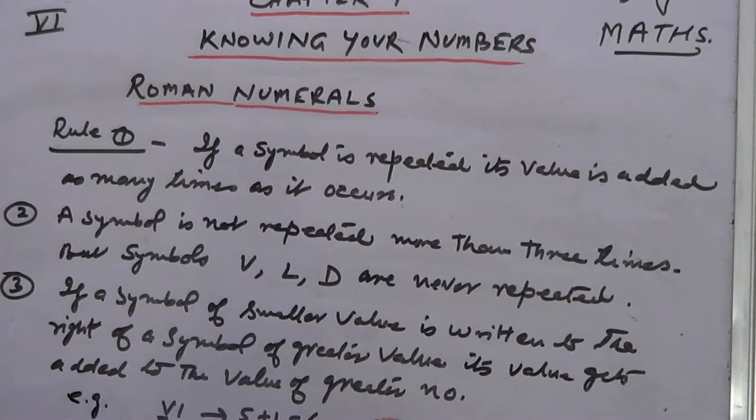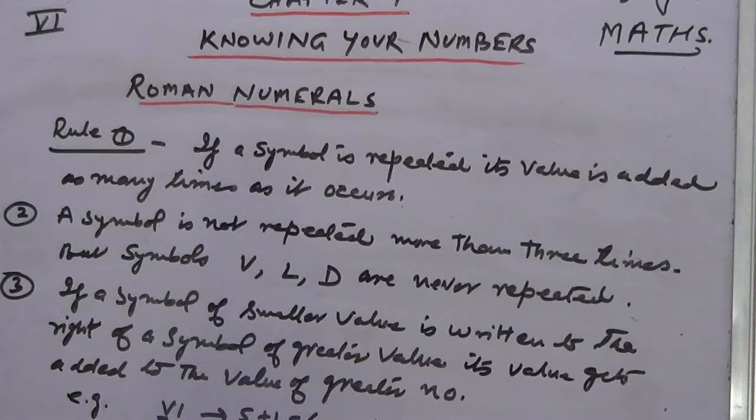Similarly, if we add two I's after X, X stands for 10, plus 2 is equal to 12. So the value of the smaller symbol gets added to the greater value symbol.